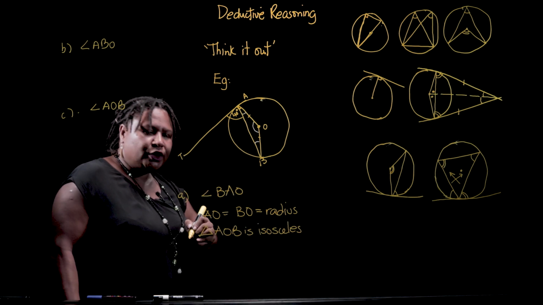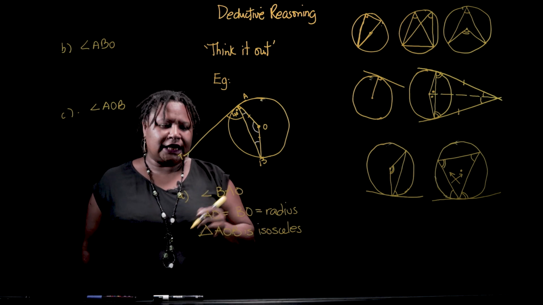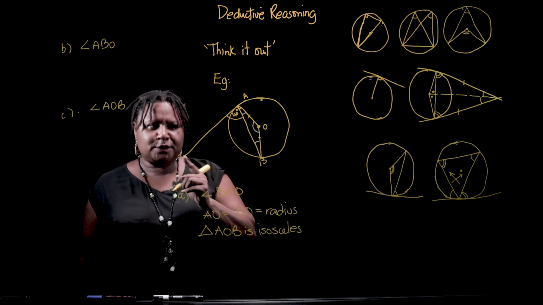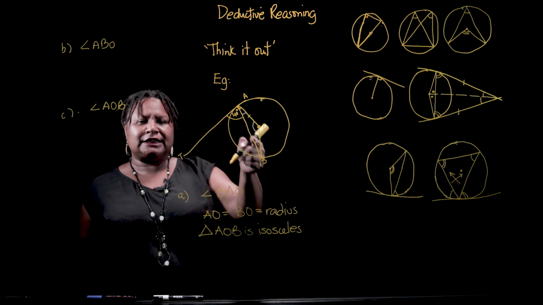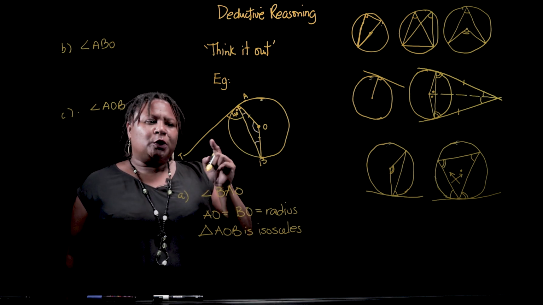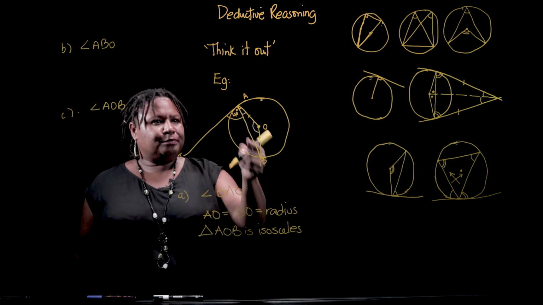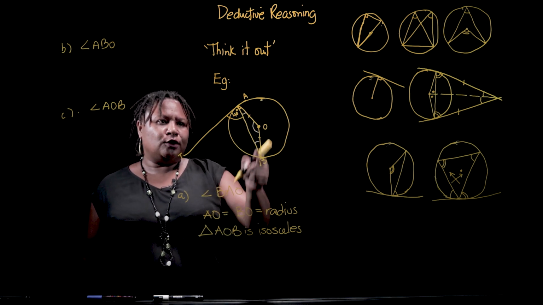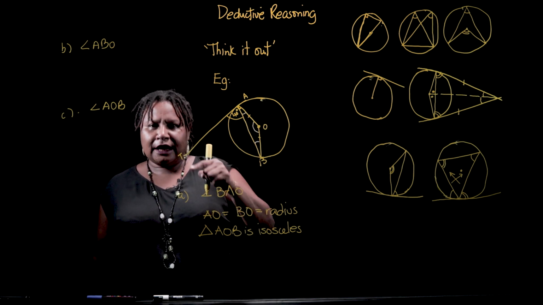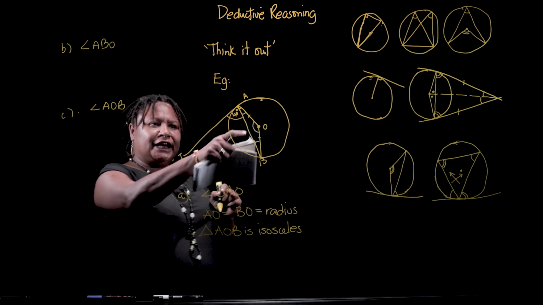We already looked at isosceles triangles. Isosceles triangles have this property: two equal sides and two equal angles, which means that this angle here, BAO, and the angle OBA here are equal.